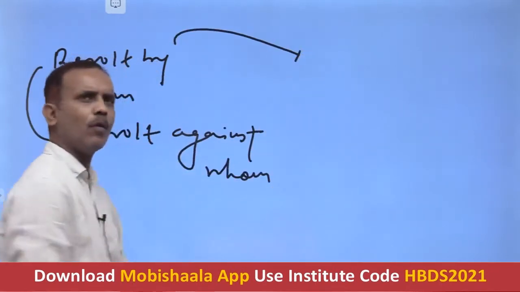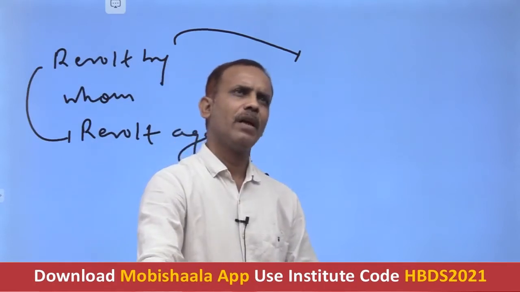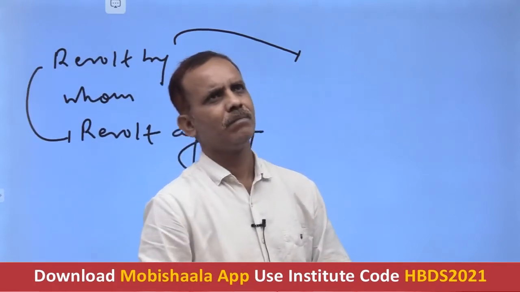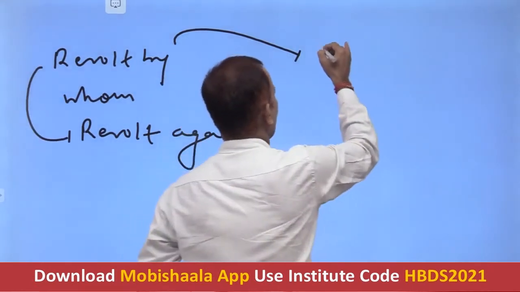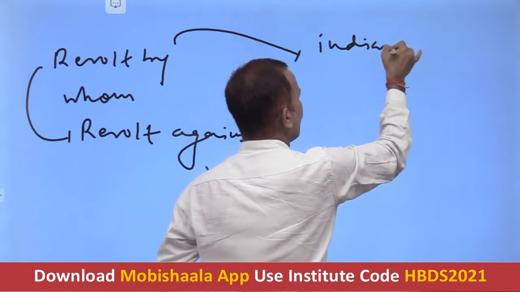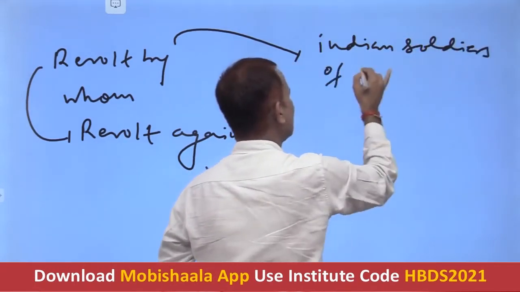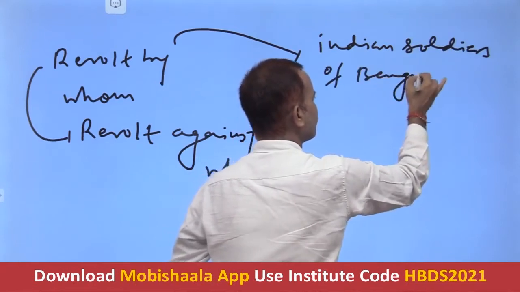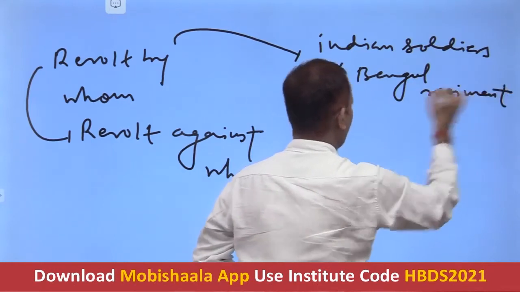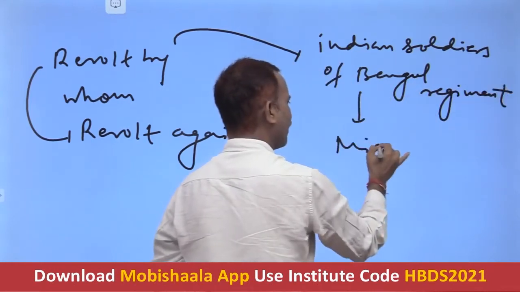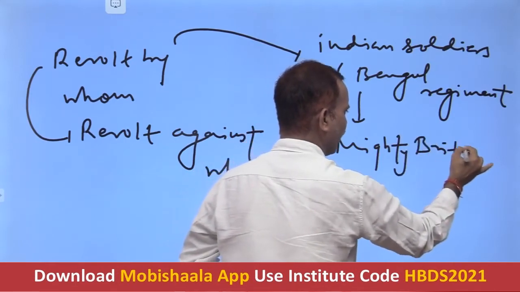This revolt was led by Indian sepoys of the Bengal Regiment, Indian soldiers of the Bengal Regiment, against the mighty British Empire.